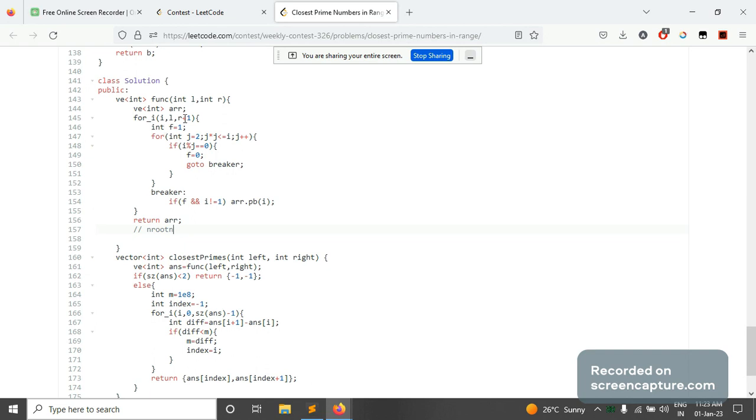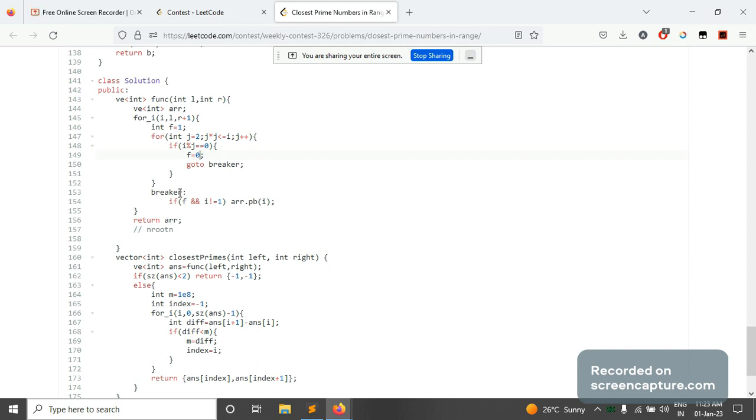We are going from left to right, and going from 2 to that number, checking if it is divisible. In that case, I am not taking it as a prime number.